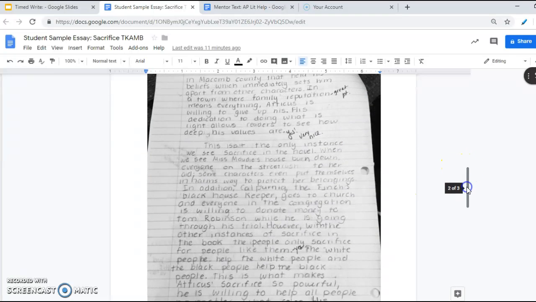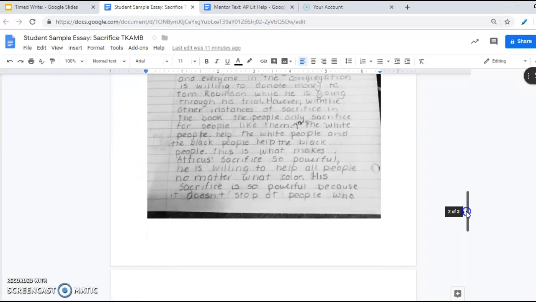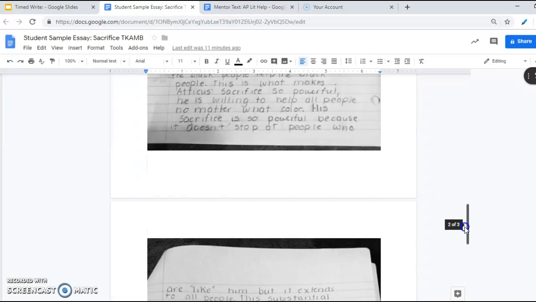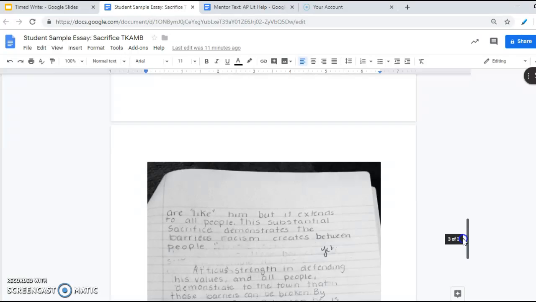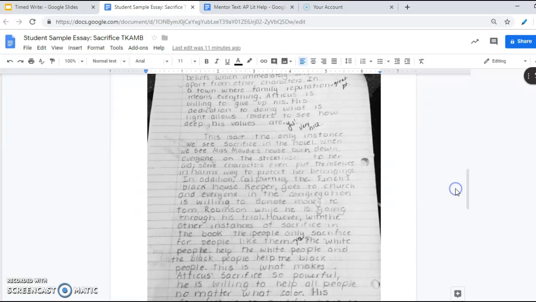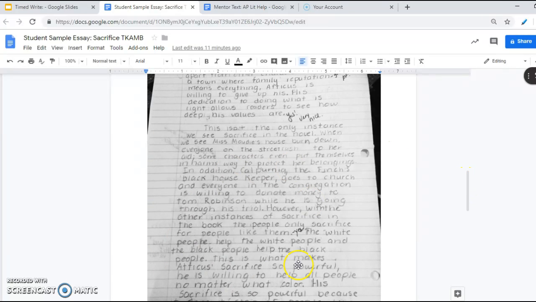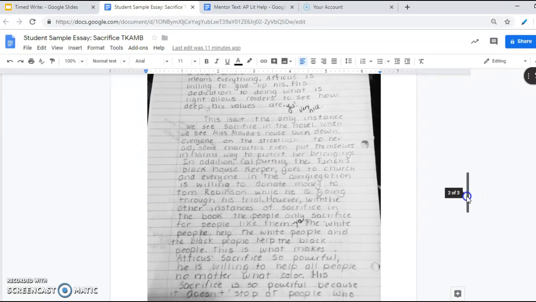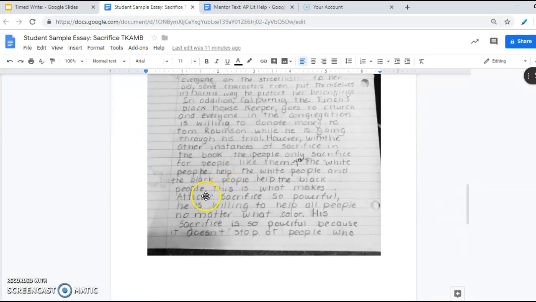And the other thing that really elevates this essay to what I would call an 8, is it answers the prompt, it uses the prompts, and it brings in some just really powerful, interesting insight. The best insight is actually in this next paragraph where it talks about this is what makes Atticus's sacrifice so powerful. He's willing to help all people no matter what color.